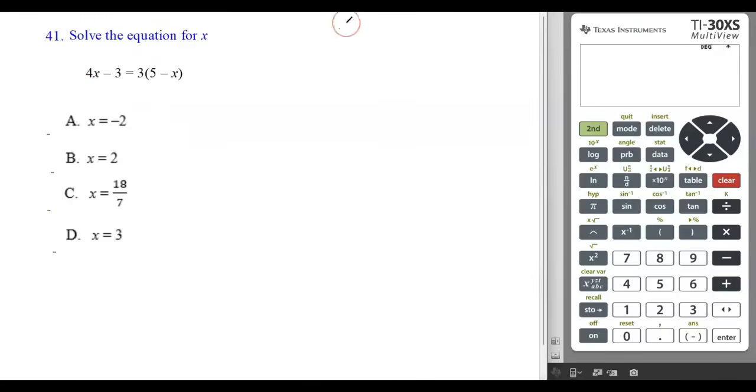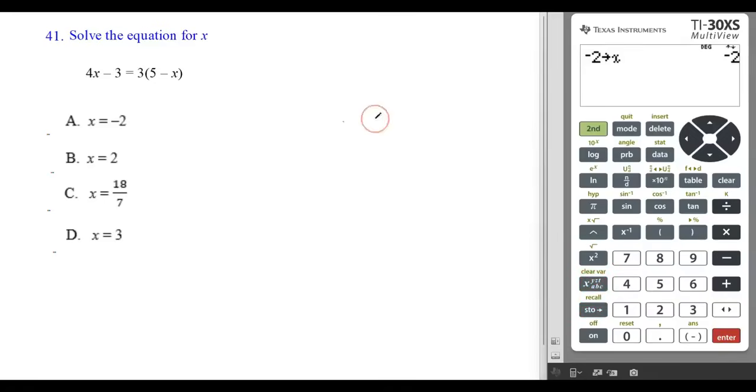I'm going to store -2 for x in my calculator. We've done this before. So -2, here's your negative symbol. Hit storage. Hit this button, X. Hit enter to store it.